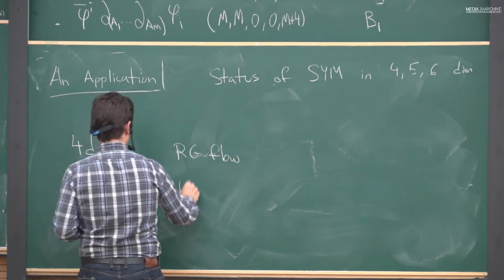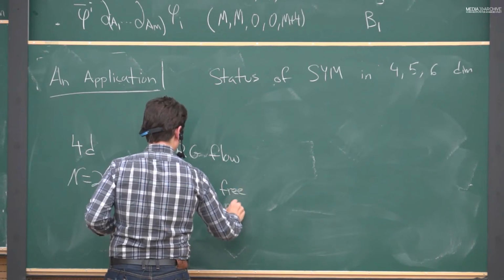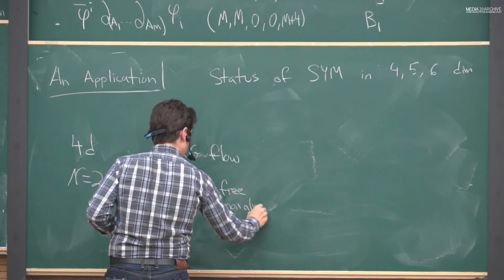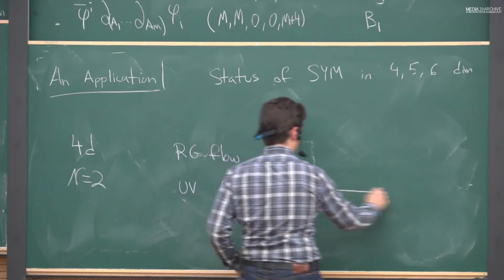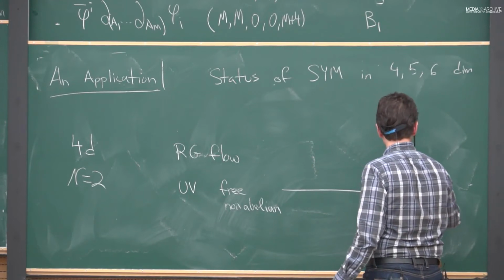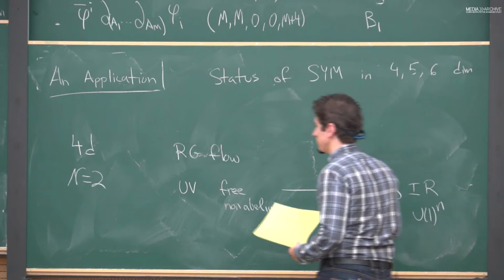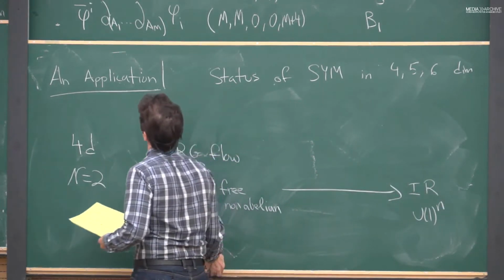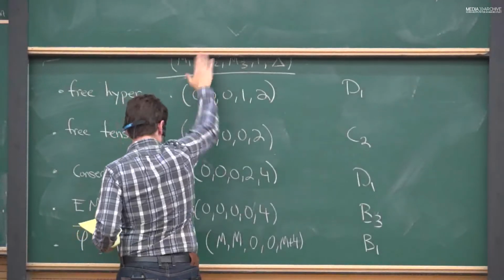In the UV, you have some free non-abelian gauge theory. That's asymptotic freedom. And in the IR, it's in the Coulomb phase, according to Seiberg and Witten. It's some U(1)^n. Okay, so that story we all know very well.